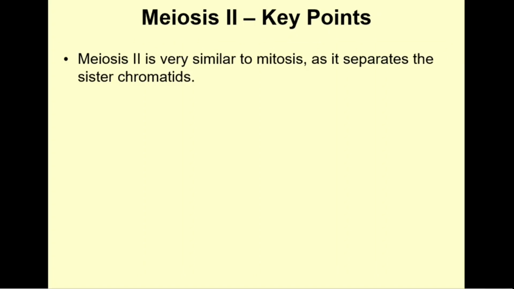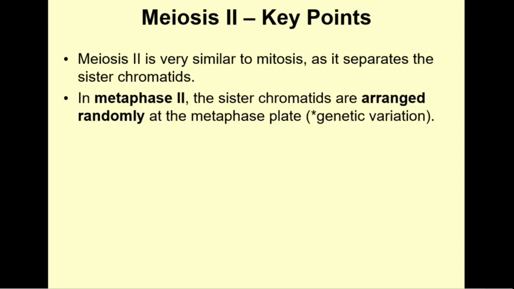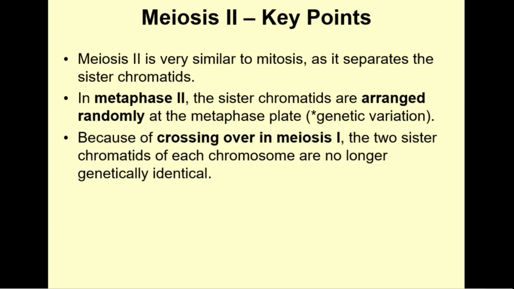So Meiosis II is very similar to mitosis, as it separates the sister chromatids. In Metaphase II, the sister chromatids are arranged randomly at the metaphase plate. So again, this is our third stage where we get the introduction of genetic variation.